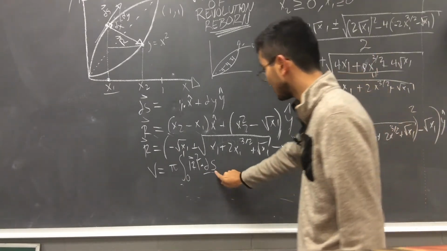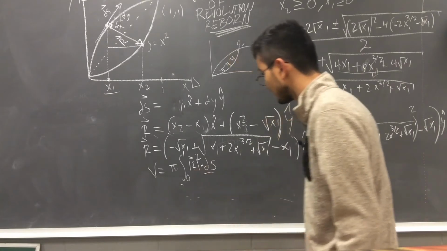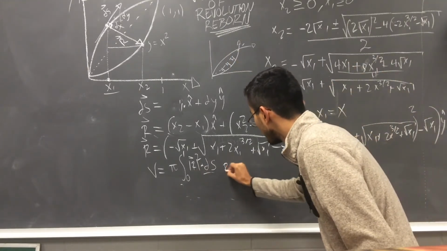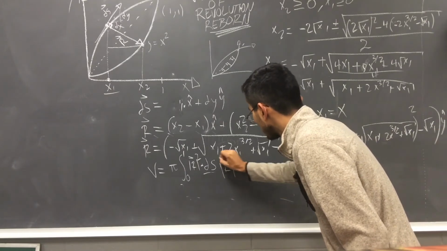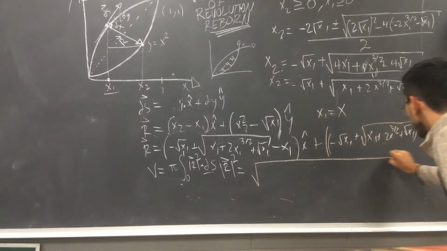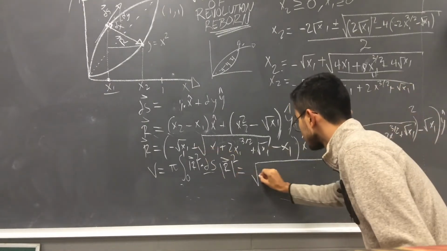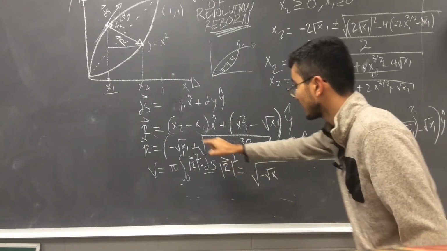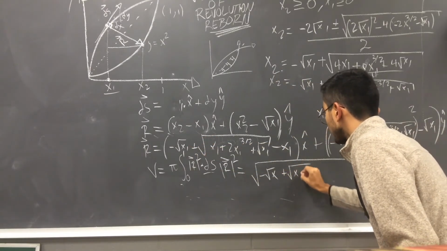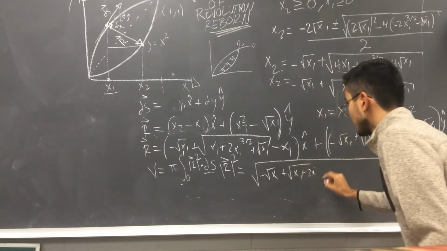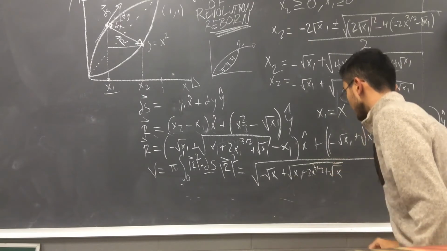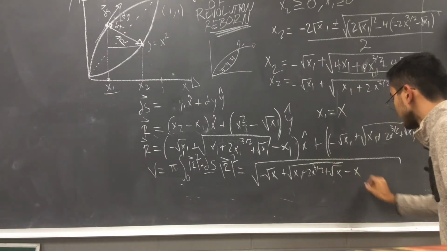So let's find the magnitude of the vector squared first. The magnitude of the vector squared is going to be equal to the square root of negative the square root of x. Now we said that x1 is equal to x, right? Plus square root of x plus 2x to the 3 halves plus root x, minus x.